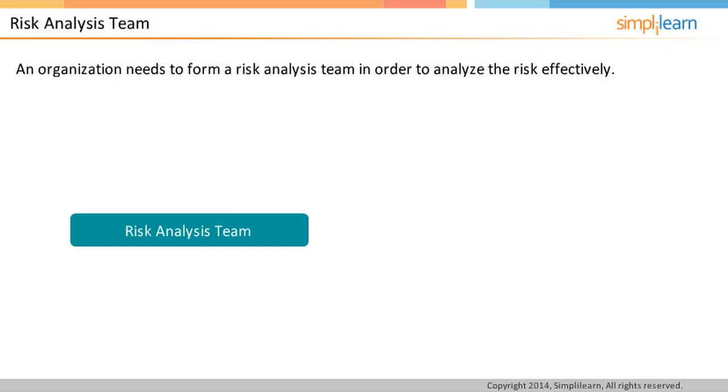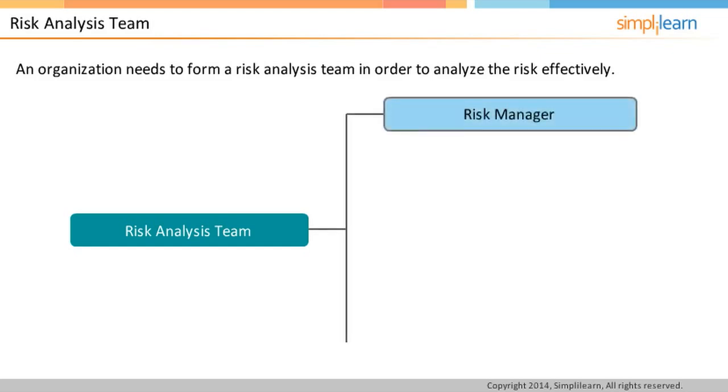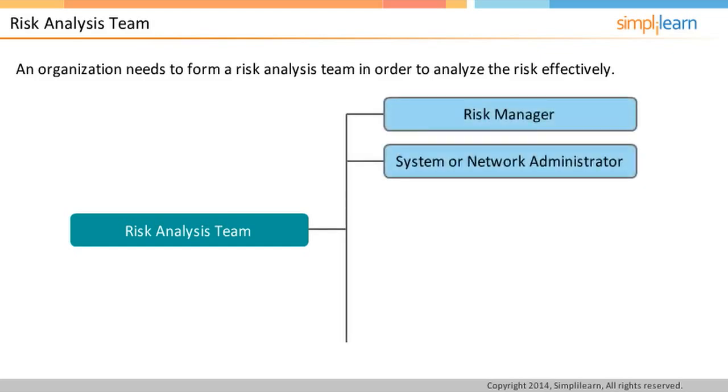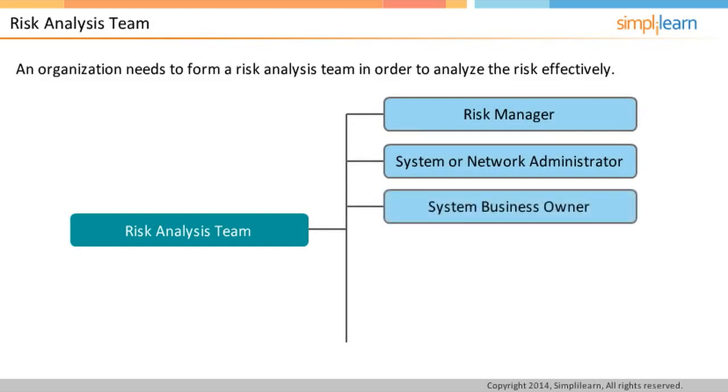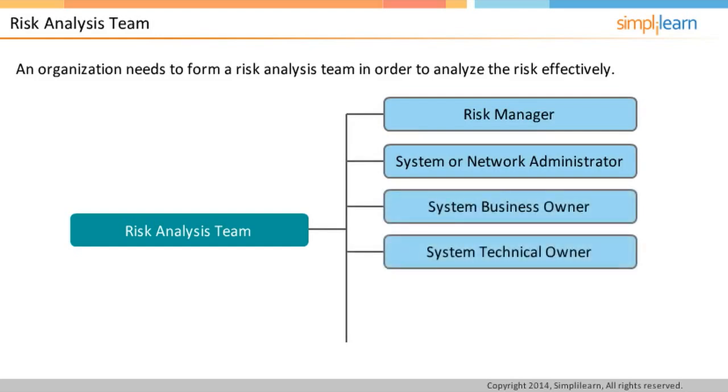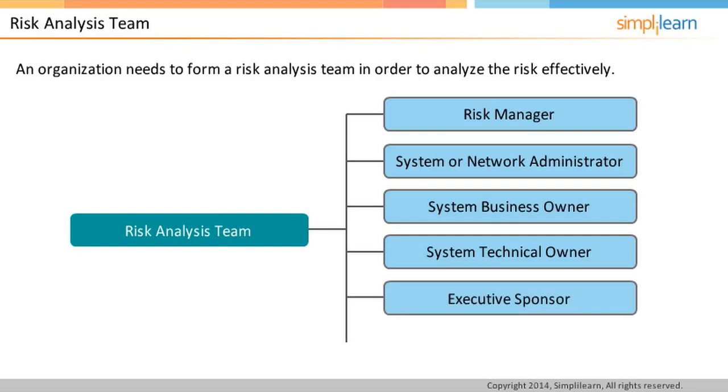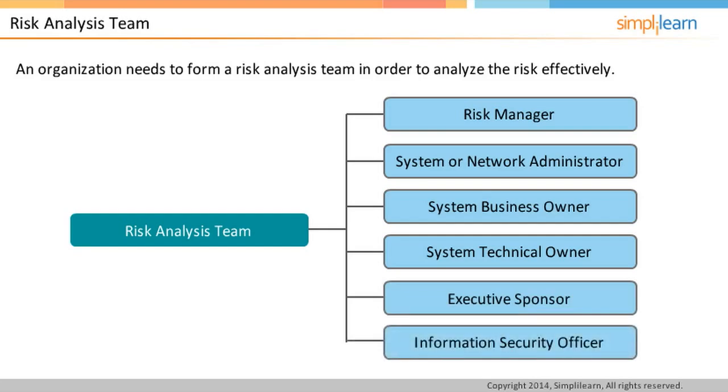The Information Risk Management Team Leader, or Risk Manager, acts as a liaison between the team and executive management. Further, Risk Management Team may consist of Risk Manager, System or Network Administrator, System Business Owner, System Technical Owner, Executive Sponsor, Information Security Officer. The next screen focuses on steps for risk analysis.